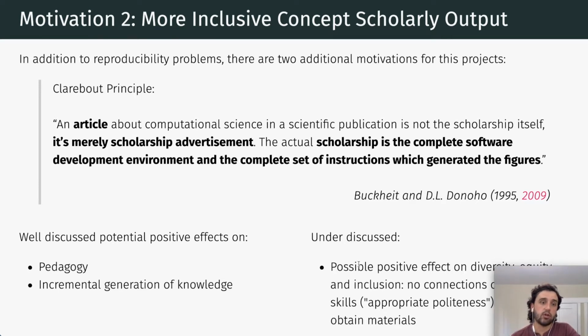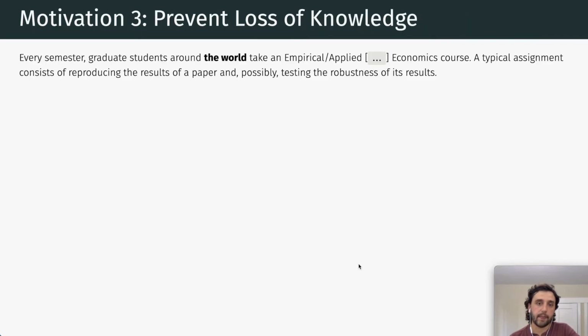The idea that you need to have the appropriate politeness to craft the right email that will eventually get you some data or some code is an important barrier. We think that increasing computational reproducibility might have some positive effects on DEI.